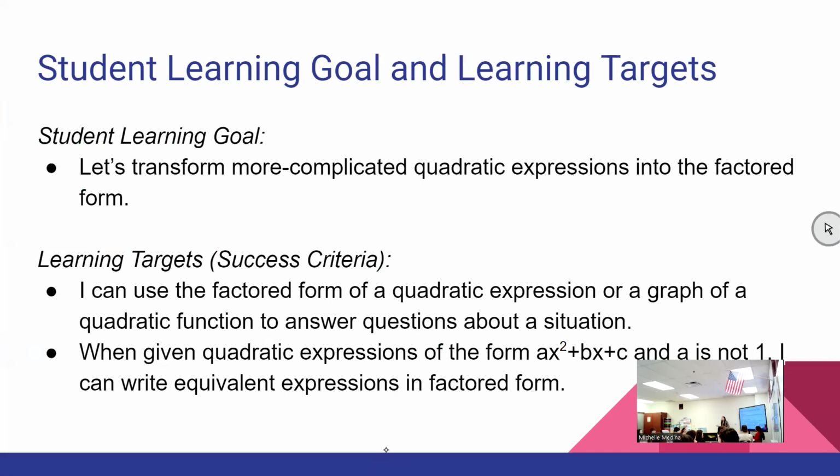And I actually think it's more like a puzzle, so it's really not the worst thing to learn, in my opinion. All right, but we're going to transform more complicated quadratic expressions, specifically when A is not 1. The process is still really similar to what we've seen before, but there's just a couple added steps, so that's what we're doing today.